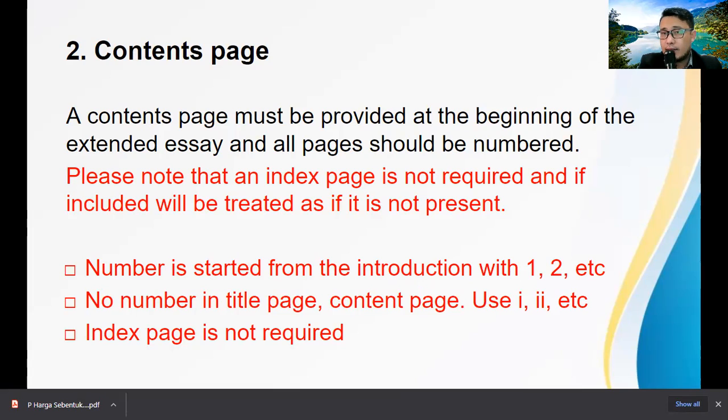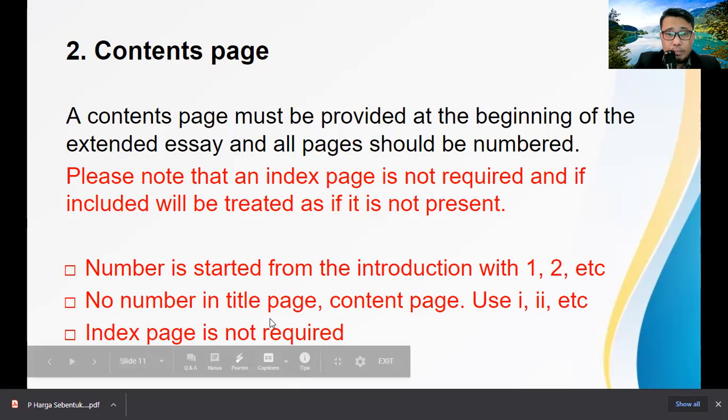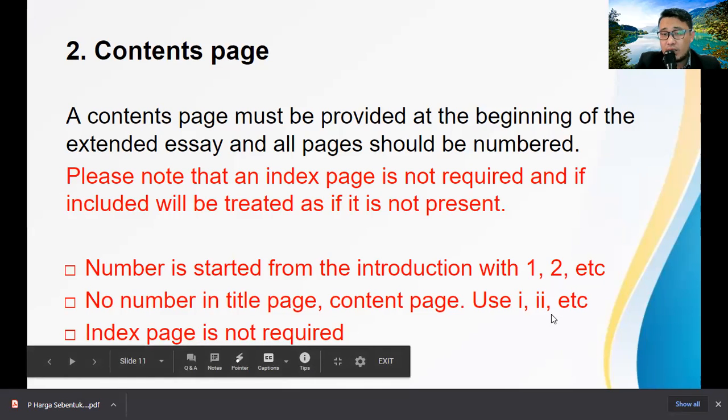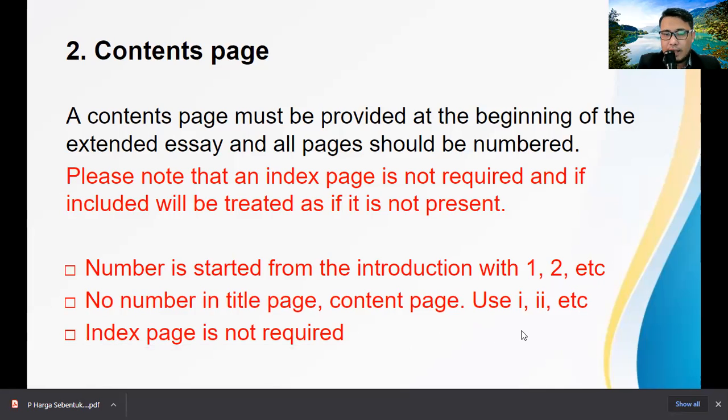The title page and content page will not use numbers 1, 2, 3, but will use Roman numerals, in small letters: i, ii, iii, iv, v, and so on. And the last one is that an index page is not required, so you don't need to attach an index to your essay.